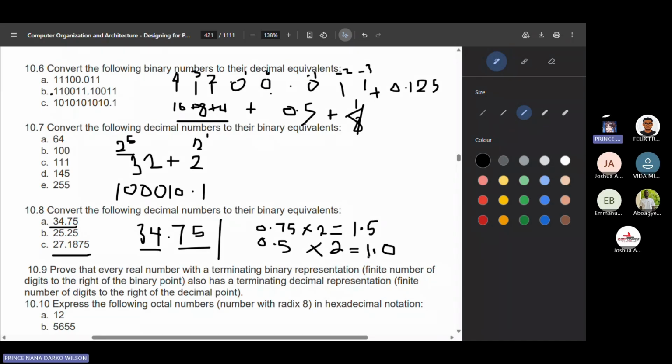So we keep the whole part again, that's 1. If it were another number, we would have kept the multiplication going, but since we have arrived at 0, 0 times 2 will just give us 0, so that 0 is insignificant. Our answer becomes 100010.11. That will be the binary equivalent of the number 34.75.